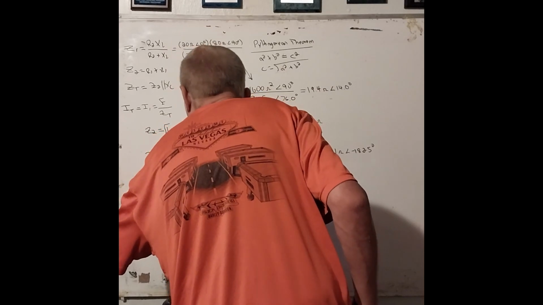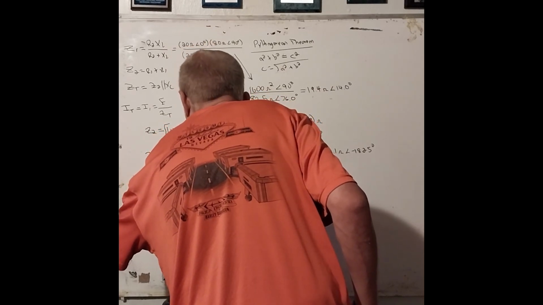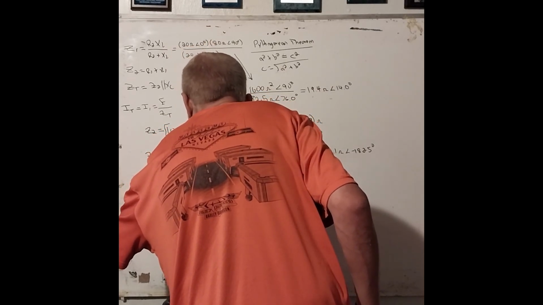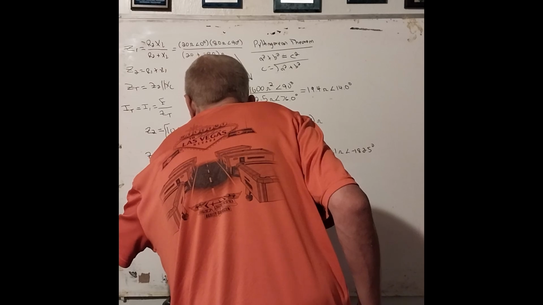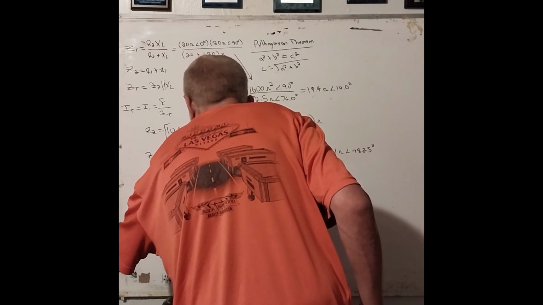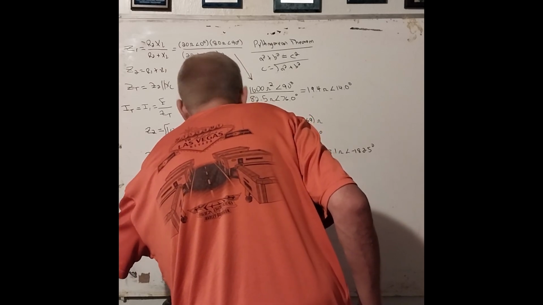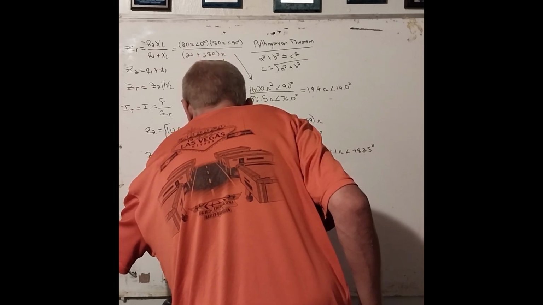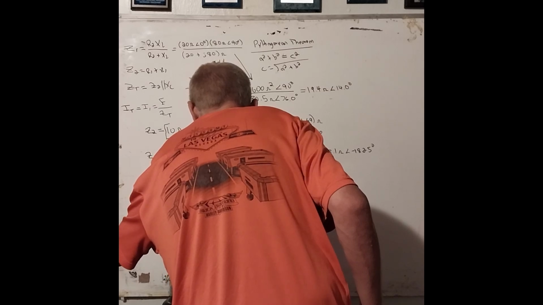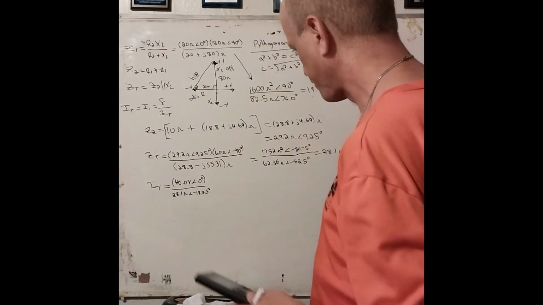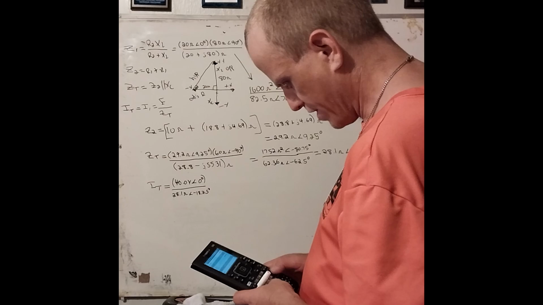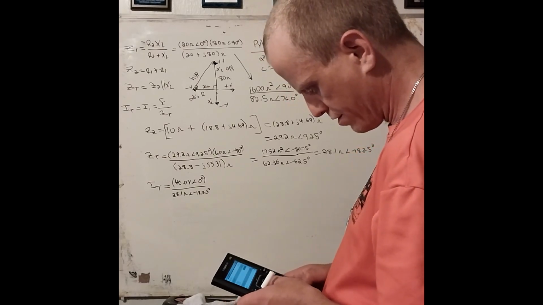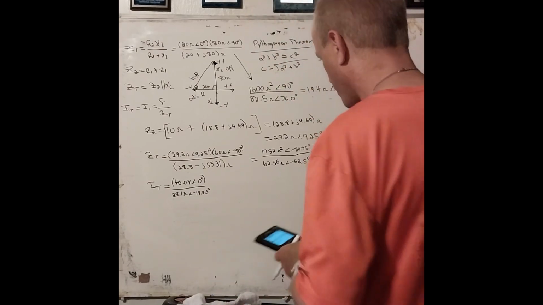IT is going to be equal to 40 volts at an angle of 0 degrees divided by 28.1 ohms at an angle of negative 18.25 degrees. Now 40 divided by that value, 1.42 amps.